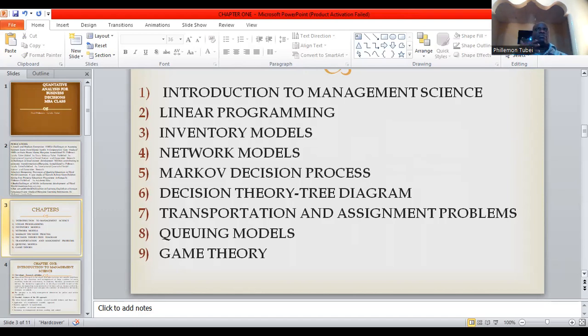So we shall be looking at this aspect of movement or shifting of customers' loyalty from one company to another company, or from one producer to another producer.